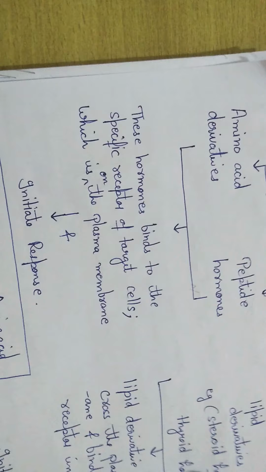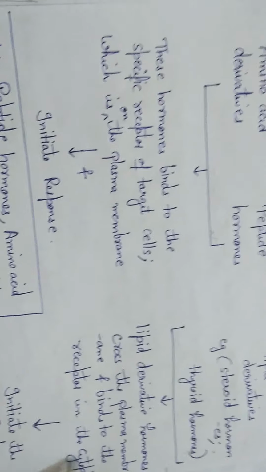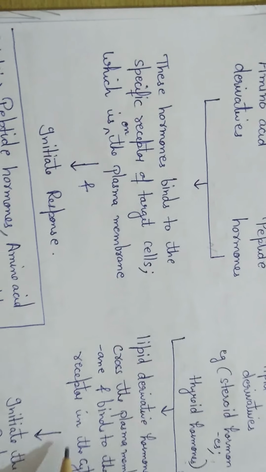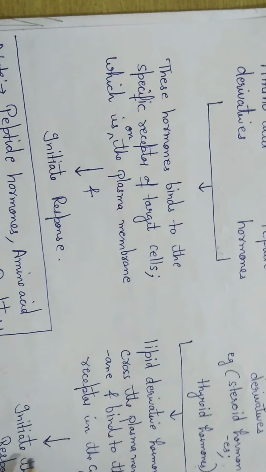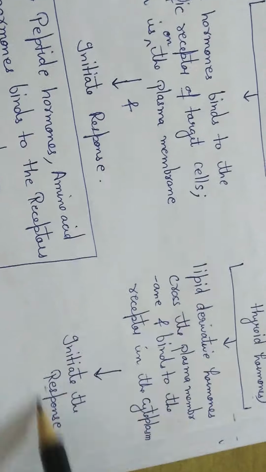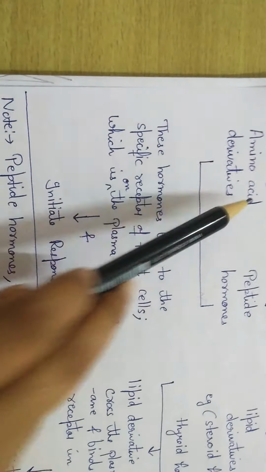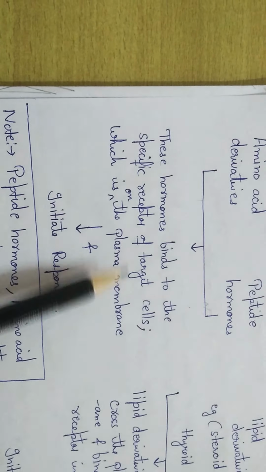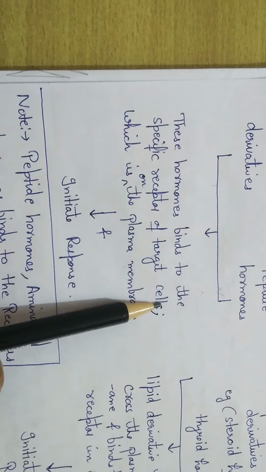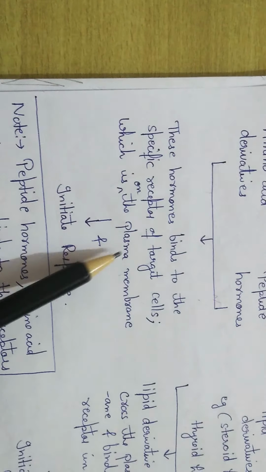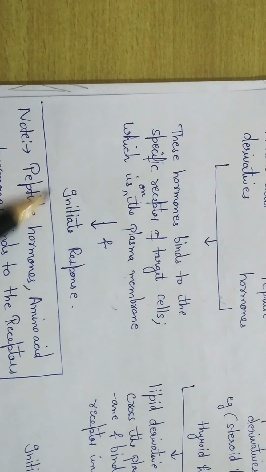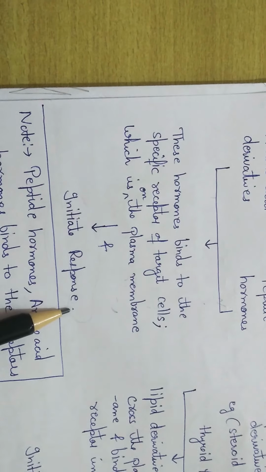Okay, as lipid hormones can cross the plasma membrane, they can bind to their receptor in the cytoplasm or the nuclear receptor, and then they can initiate the response. The amino acid and peptide hormones have their receptor on the target cell, that means only on the plasma membrane, and in this way they initiate their response.